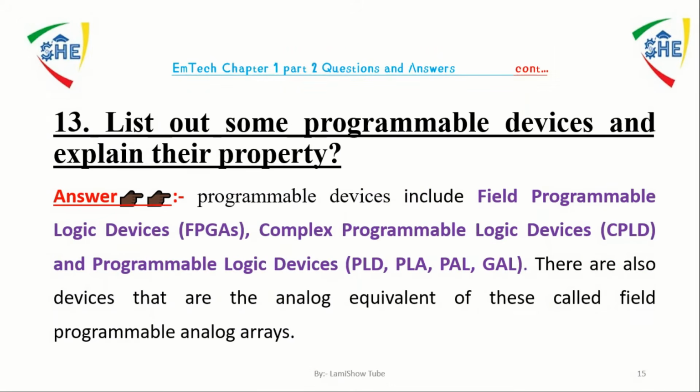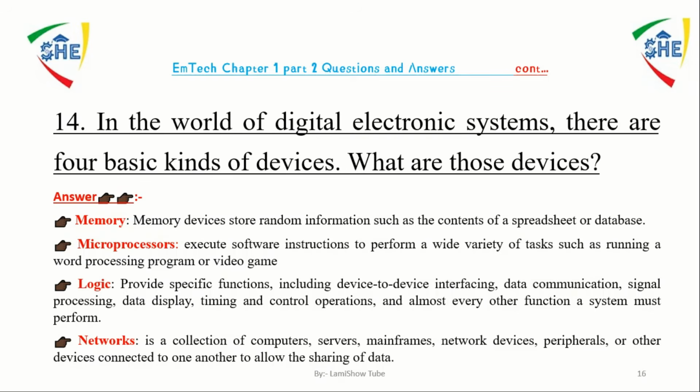List some programmable devices and explain their property. Question number 14. In the world of digital electronic system, there are 4 basic kinds of device. What are those devices?